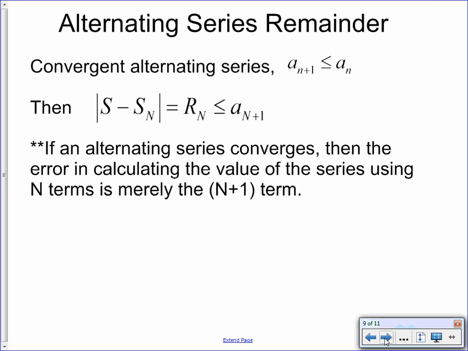S of n is the sum that we're approximating. Basically this is saying that the difference between the actual sum and what we approximated is going to be less than or equal to the next term.